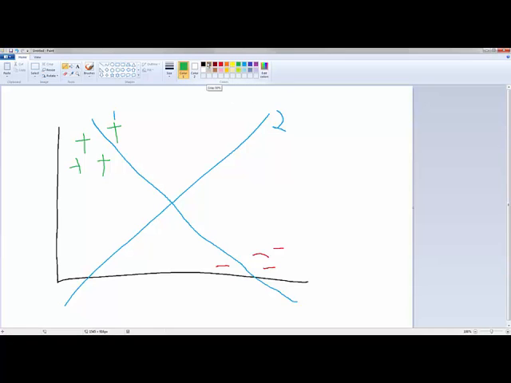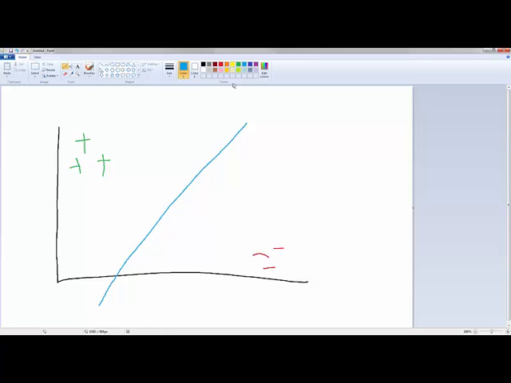And the way that we get line 2 instead of line 1 is by using SVMs, which stand for support vector machines, and Mira. So these are both going to be optimization problems, and SVMs are going to try to optimize this margin here.